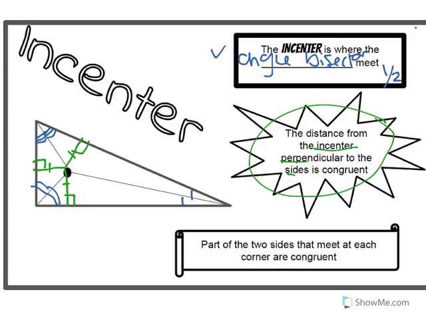In addition to those three segments being congruent, we're going to have three other sets. And it's the parts of the sides that meet at the corner. So what I mean by that is from where that perpendicular line hits to the corner, those two sides are congruent to each other.